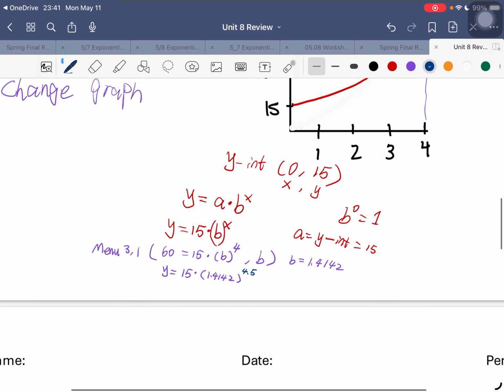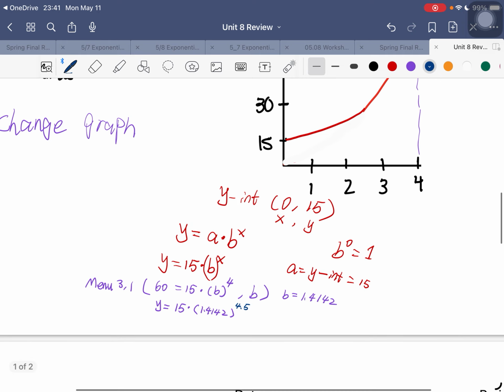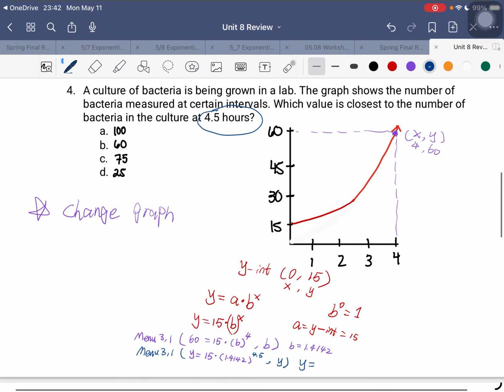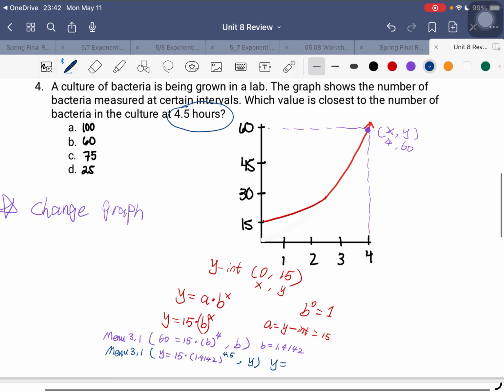Alright, now I need you guys to still type menu 3, 1, type this equation, comma y, and tell me what y equals. And look at these 4 answer choices. What number is the closest to our answer?